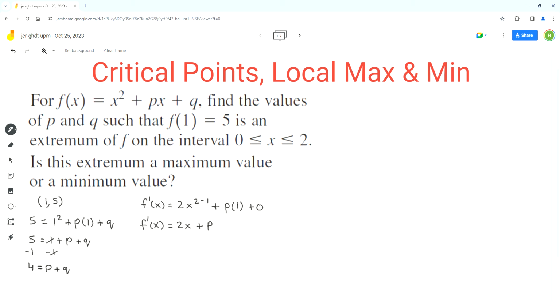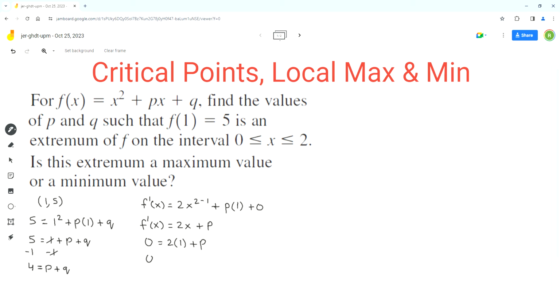Now the extremum is at x equals 1. So now we can sub in the left side as 0, because at a peak or valley point, the slope of the tangent will be equal to 0, equals 2 times 1 + p. So this is the equation we can use to find the value of p.